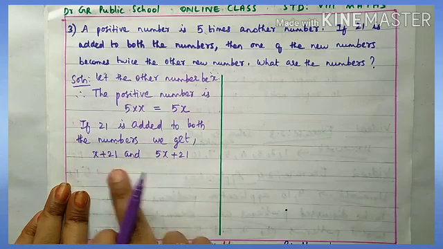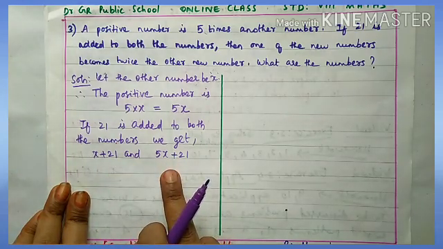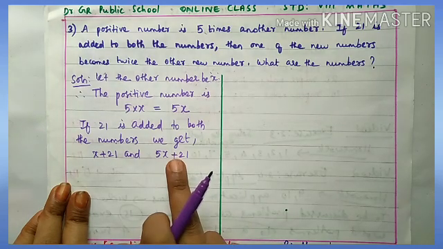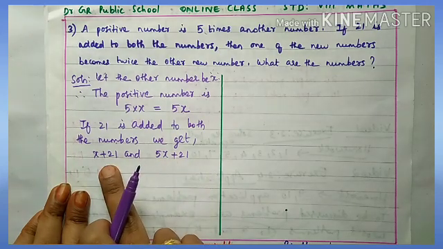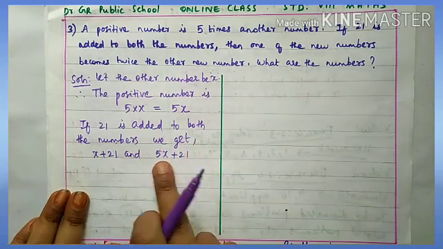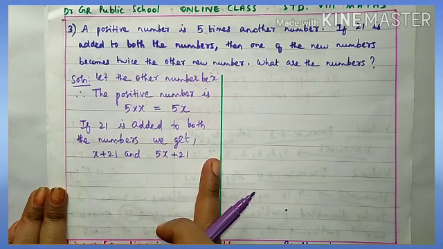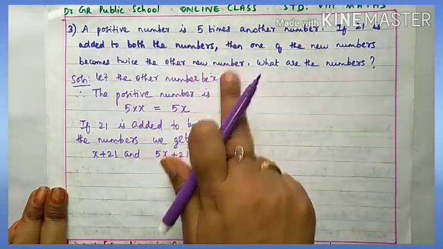Which is greater? Yes, this positive number is greater because it is 5 times. So this new number will be double of the other new number. That is the meaning of other new number.